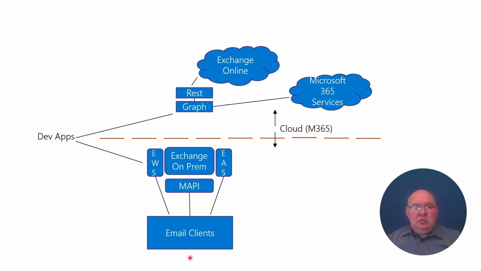If you use Exchange Online, it is recommended that you use REST APIs or Graph APIs. If you use Exchange on-prem, then documents in open specifications are your big help, and that's protocols that you want to use for your solutions.